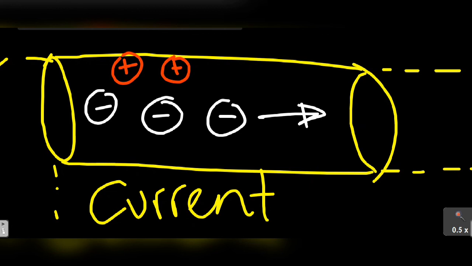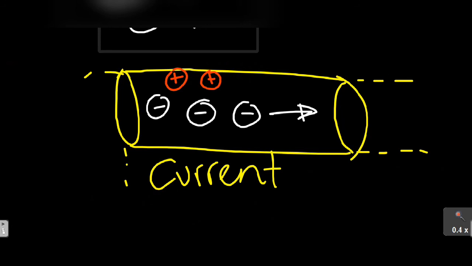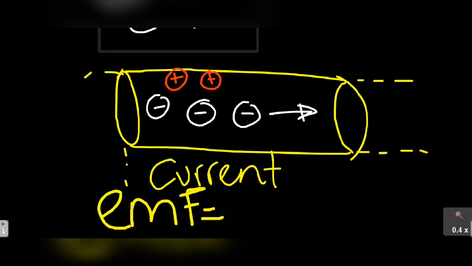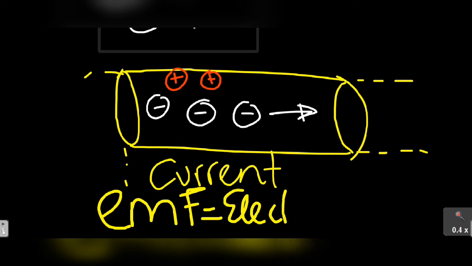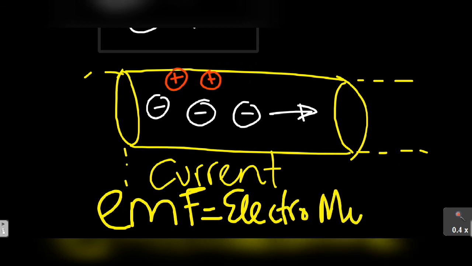And why do these electrons flow? Remember, we have said this wire has been exposed to a battery, which is a voltage source, and inside that battery is the EMF, and the EMF is simply the force that makes the electrons or the charges move, hence the name EMF, which stands for electromotive force.